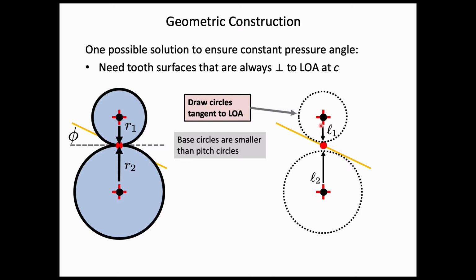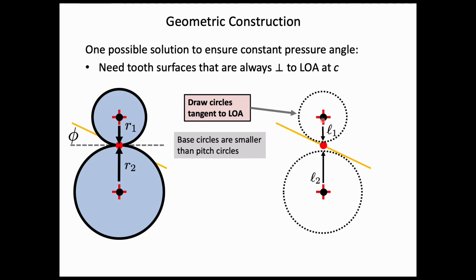Recall that when we were deriving the moment arm for the contact forces, we originally drew that moment arm out here, where it was basically a projection onto the line of action. But note that if we were to rotate it, the radius of this base circle is the same length.